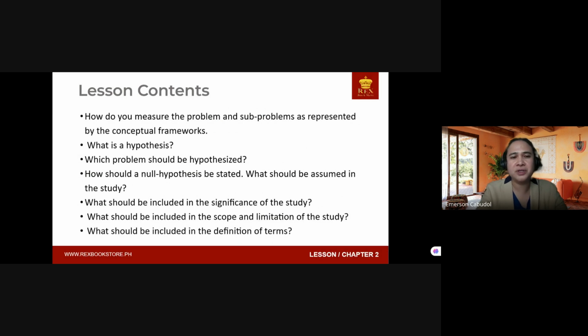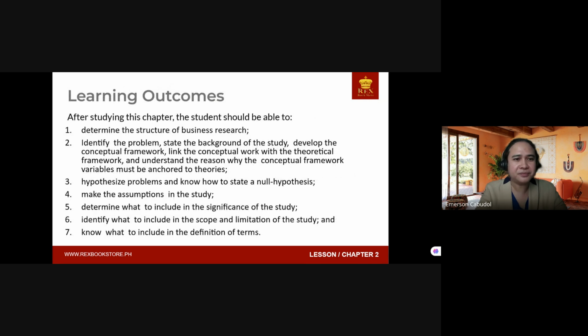We're going to focus on the zoom lens approach in the significance. What should be included in the scope and limitations of the study? What should be included in the definition of terms? So let's define lexical and operational definition of terms. After studying this chapter, we should be able to know the seven.